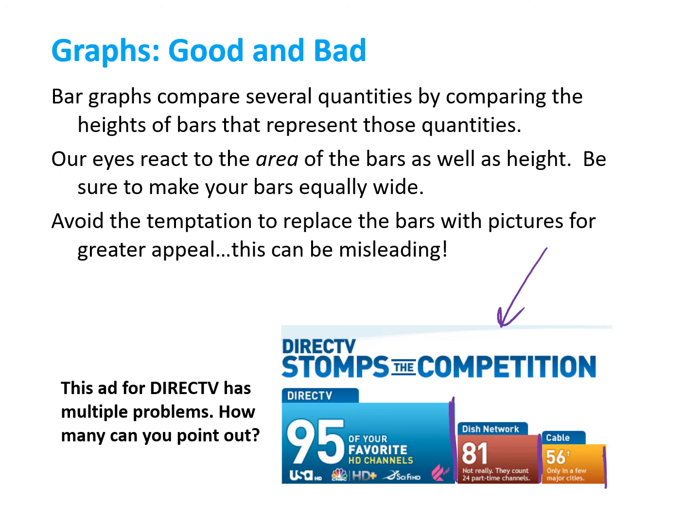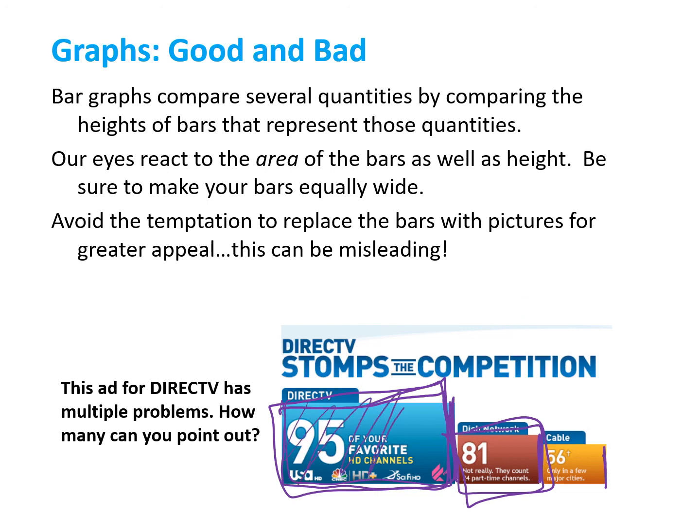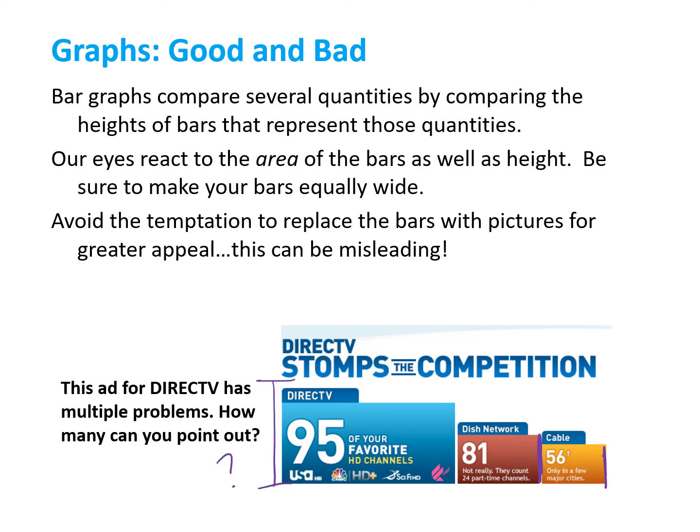But they're obviously trying to give you an ad for DirecTV. The area of this is way bigger than this, even though there's not a whole lot of difference between them, because they're trying to trick your brain into feeling like DirecTV's bigger and more worthy of spending money on. Also, there's no y-axis. Where are the values?